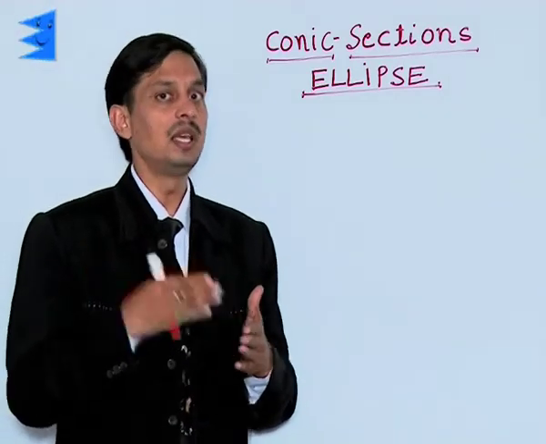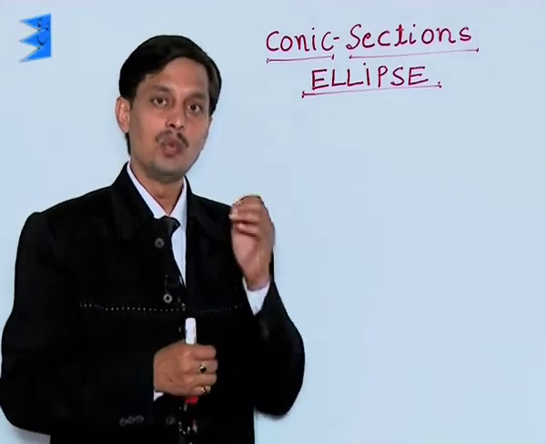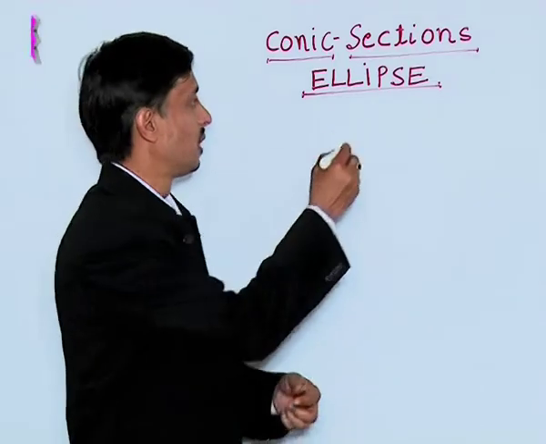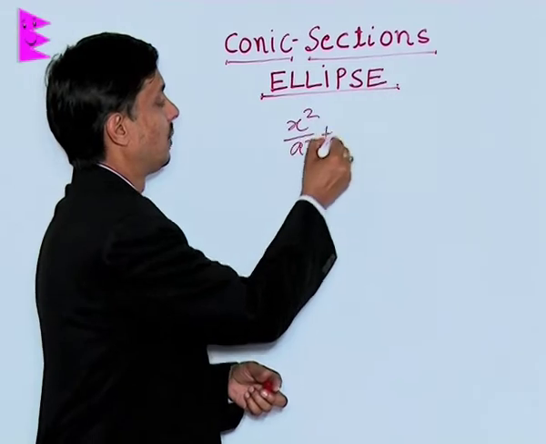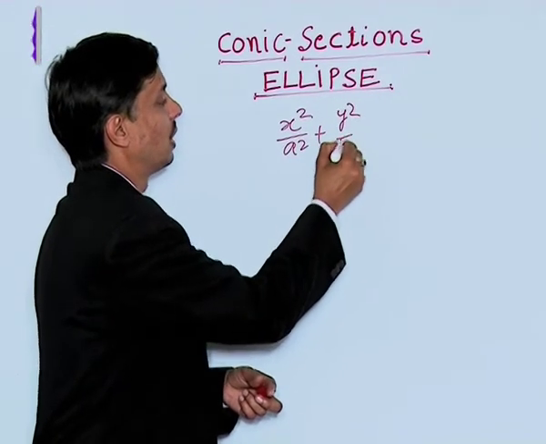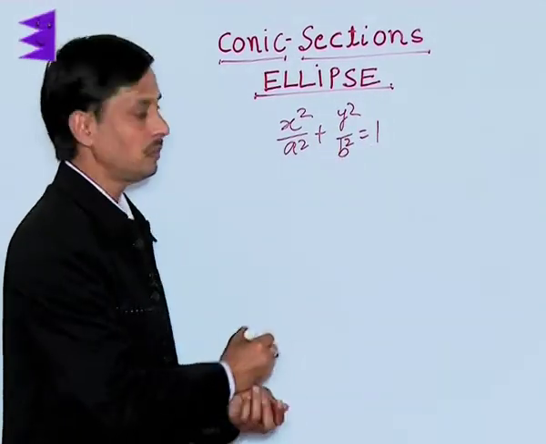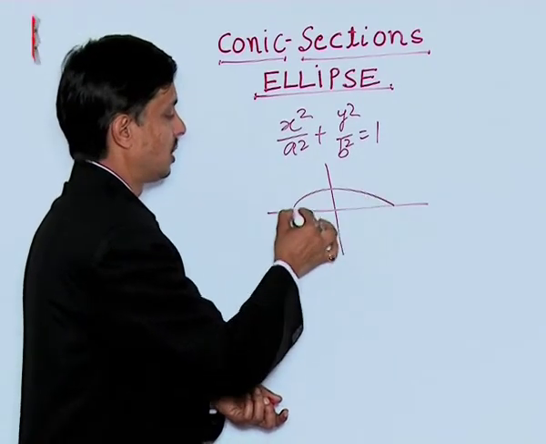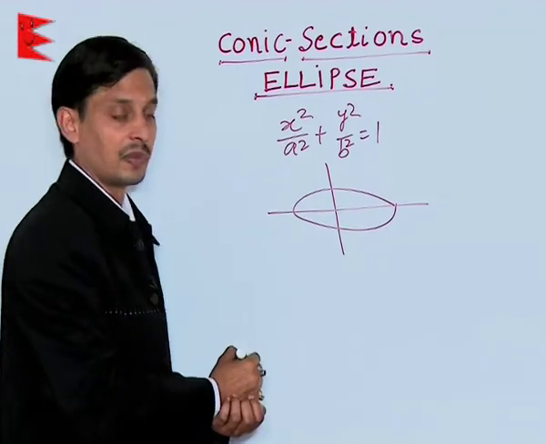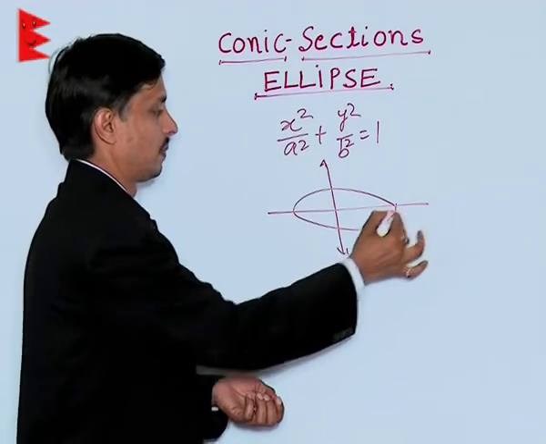If the eccentricity is less than 1, we have two types of ellipses. One of the ellipses is x square upon a square plus y square upon b square equals 1. And here the shape of this ellipse is tentatively given by this kind of formation.